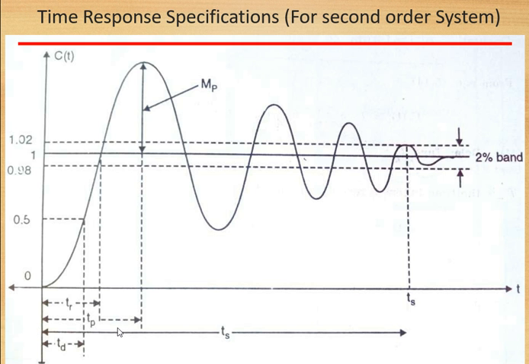Okay, so let us understand in depth what these parameters mean one by one. If you see previous papers, most of the examples are asked on the calculation of TR, TP, TD, TS. They will not ask you the derivations.